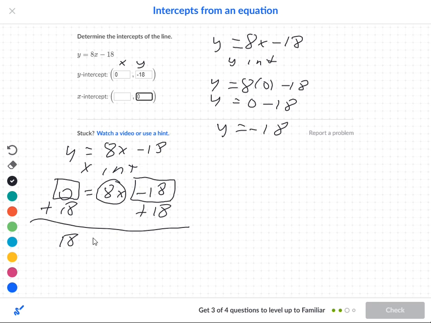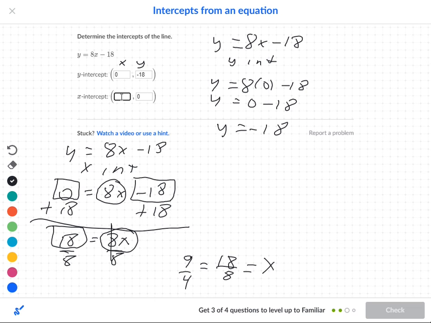This will give me 18 is equal to 8x. Divide by 8. So we're going to have 18 over 8 is equal to x. But you see 18 over 8 we can divide by 2. So that becomes 9 over 4. So our x-intercept is 9 over 4.